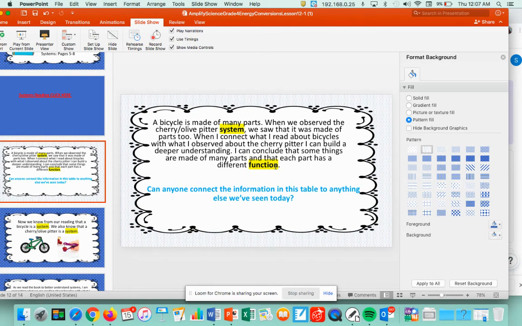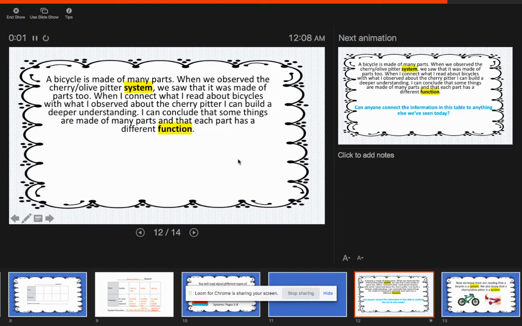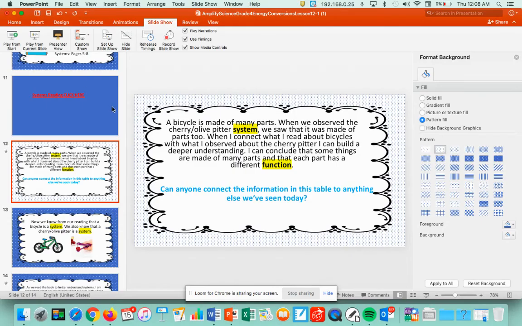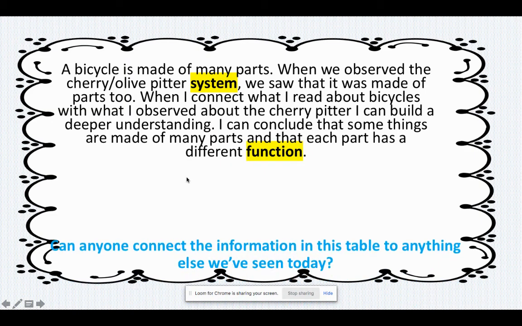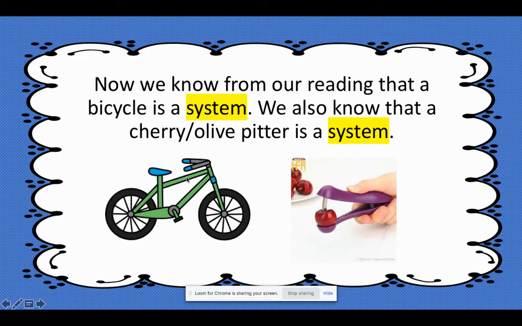Can anyone connect the information in this table to anything we've seen today? Now we know from our reading that a bicycle is a system. We also know that a cherry olive pitter is a system.